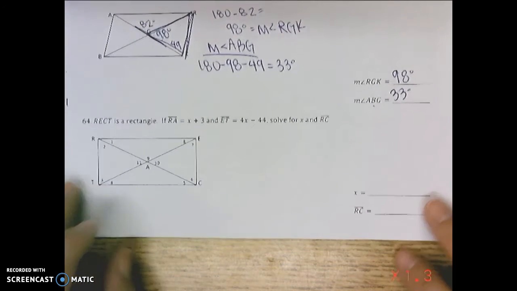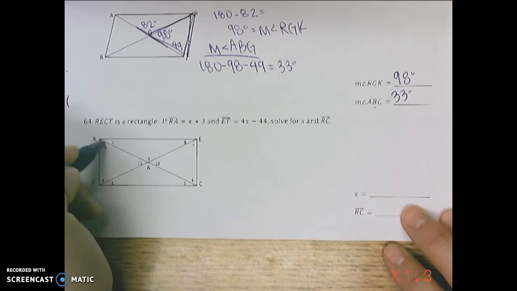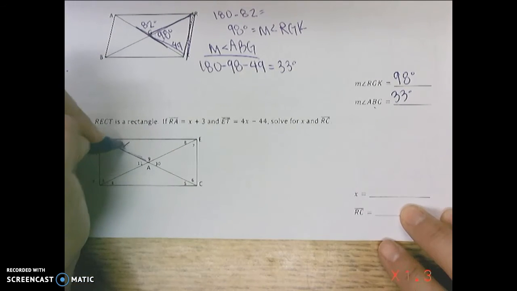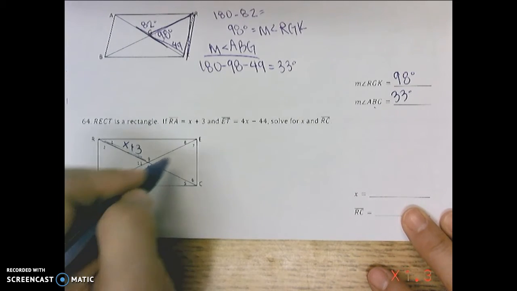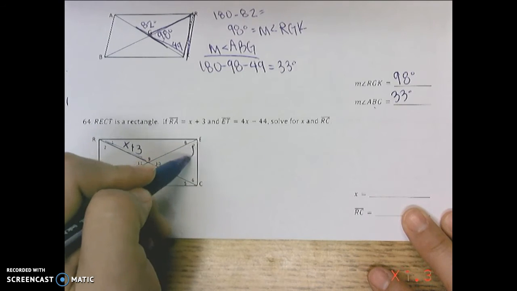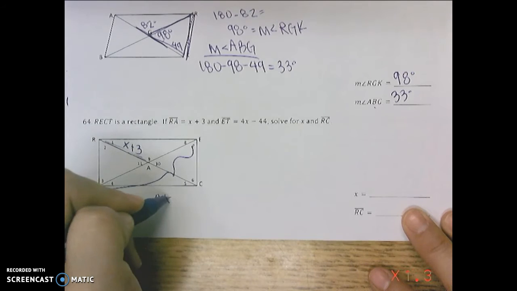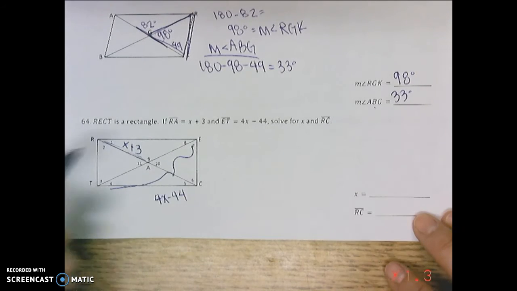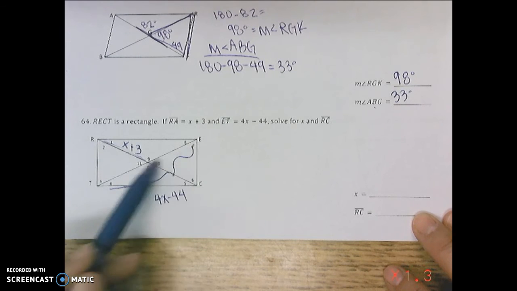Moving along, we have RECT. RECT is a rectangle. And we're going to look at RA, and that is x plus 3. And we're going to look at ET, the other whole long diagonal, the entire diagonal, and that is 4x minus 44. Well, if you remember about a rectangle, the diagonals are equal.